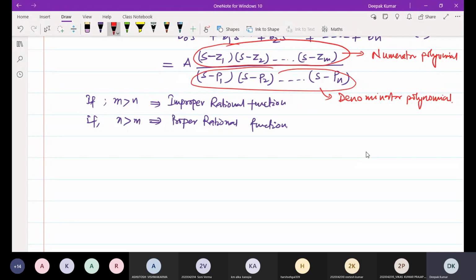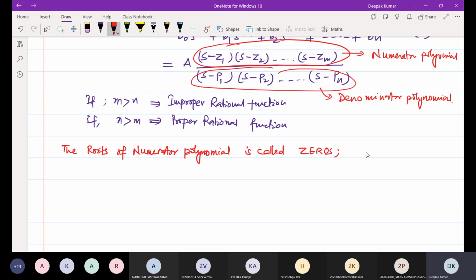The roots, or the solutions, of the numerator polynomial are called zeros.